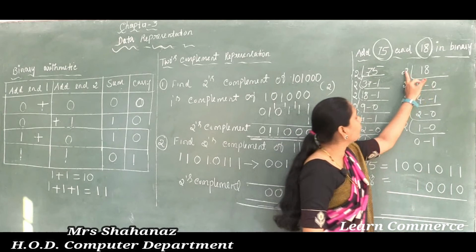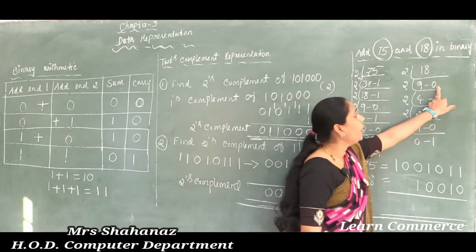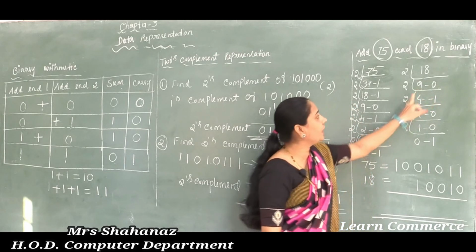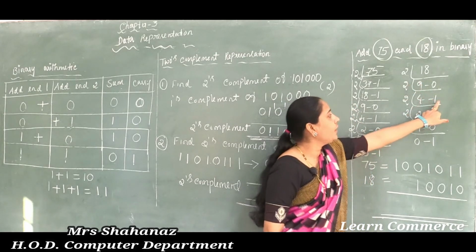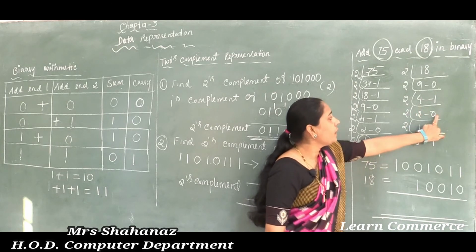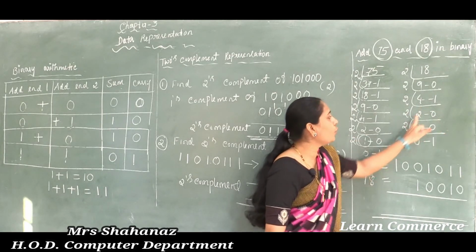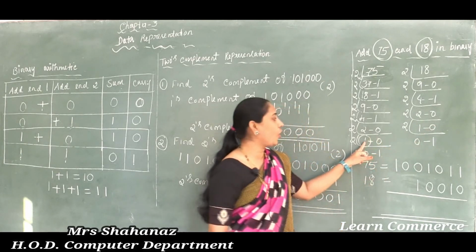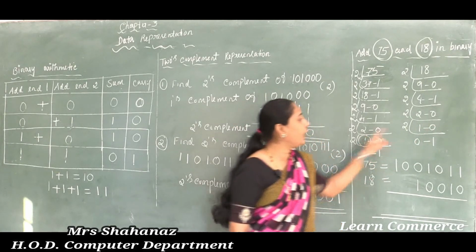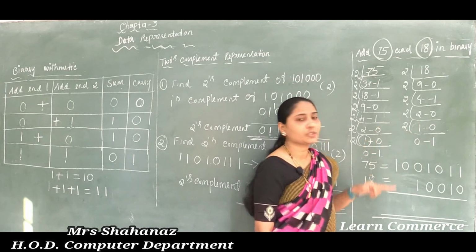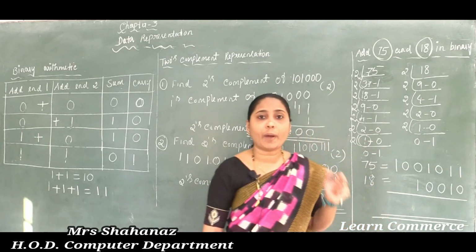No remainder. Clear this part here? And next, 2 4s are 8. Now 1 is the remainder, 2 2s are 4. Okay, no remainder, 2 1s are 2, no remainder. As we know, it's not possible to divide such number 1 by 2 here.